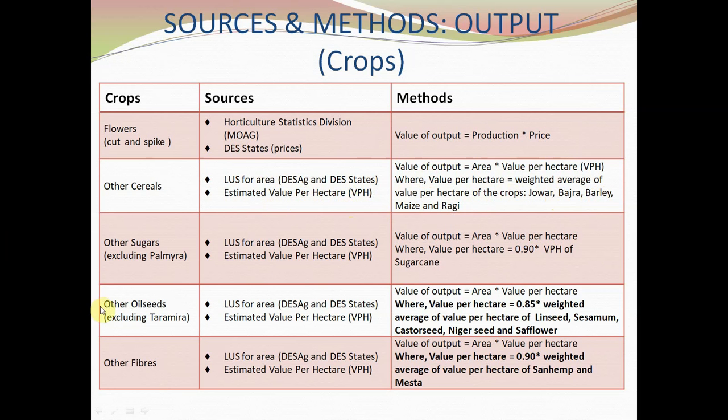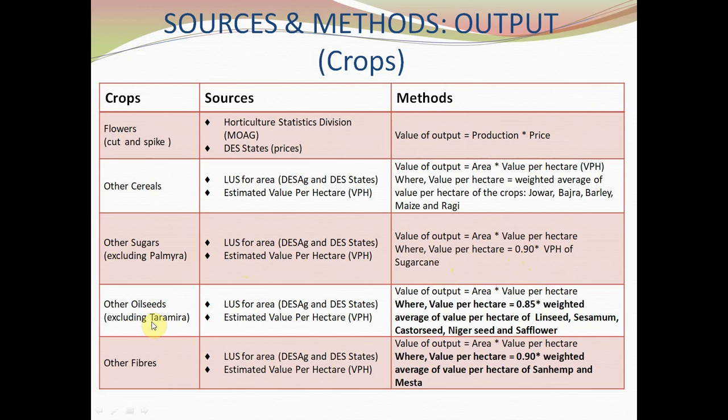In case of other sugars, excluding palmyra, the same land use statistics is used for area and estimated value per hectare is used for pricing. Value per hectare here in this case is taken as 90% of value per hectare of sugarcane.